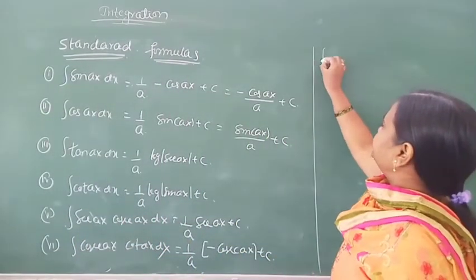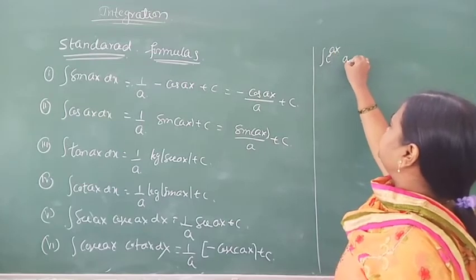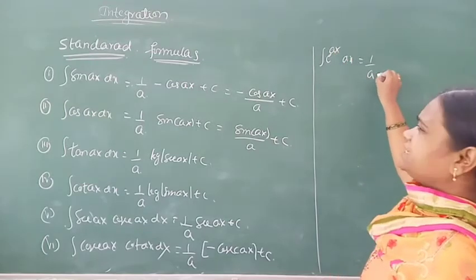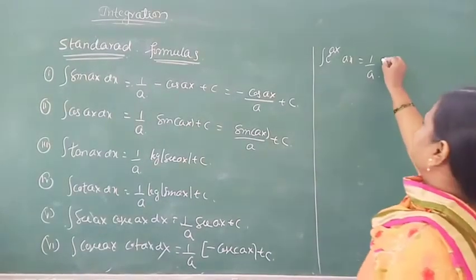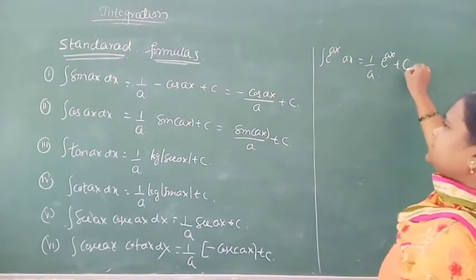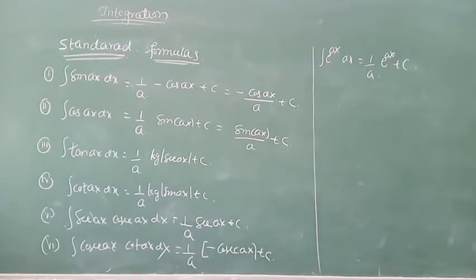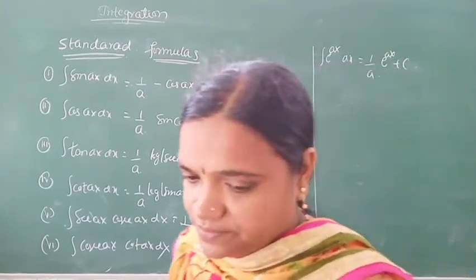Next, integration of e to the power ax dx. 1 by a is the constant, and we know that integration of e to the power x is e to the power x. Therefore, we can write it as e to the power ax by a plus c. Okay. Next, another formula.